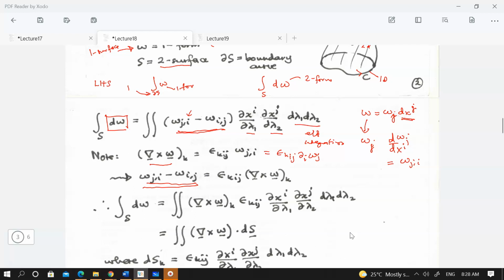One could write this as the following: epsilon kij times curl of omega at the component k. So one does that and substitutes in there. So you need to have the epsilon kij in there, and this one together with the other terms over here will define the surface element.